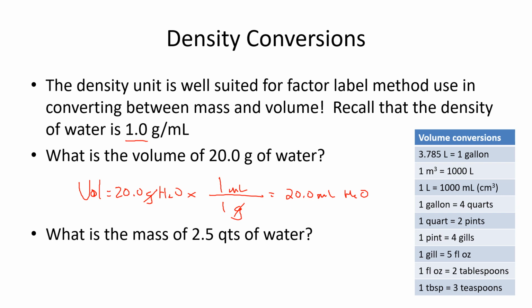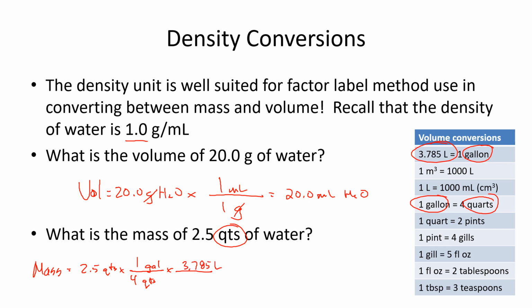And if it's not in milliliters, then you can always convert using our handy chart here. So we're going to go from quarts to gallons, gallons to liters, then we go to milliliters, and then we get mass. So mass equals 2.5 quarts, and there are 4 quarts in 1 gallon, and there are 3.785 liters in 1 gallon, and there are 1,000 milliliters in 1 liter.